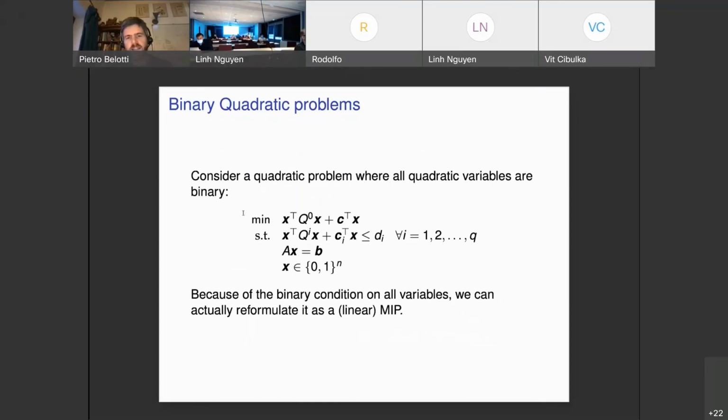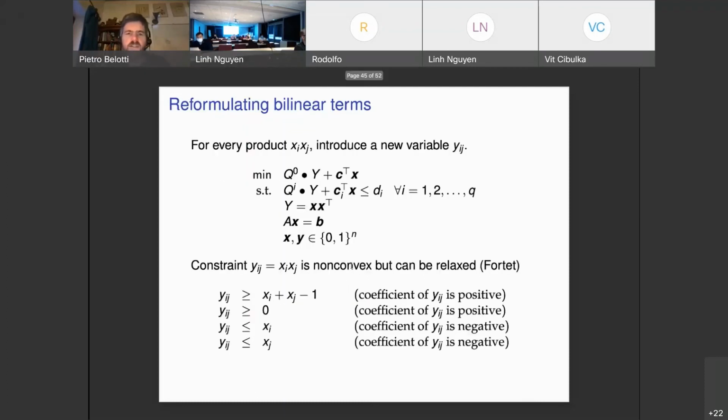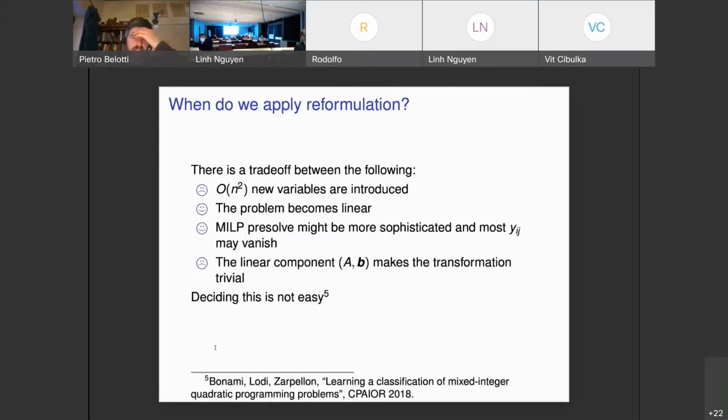Or if I have such a problem, do I keep it like this and use other approximations with all the cool stuff that I presented before, or do I actually transform it into a linear problem by removing this rank 1 matrix constraint and just replacing it with these constraints? Well, the answer is I have no idea.